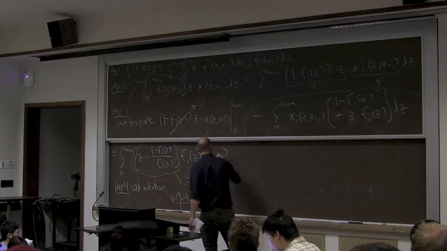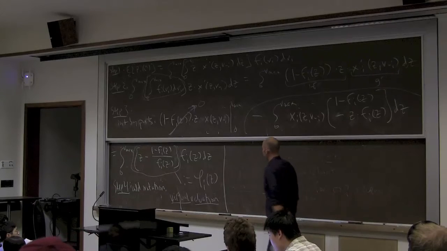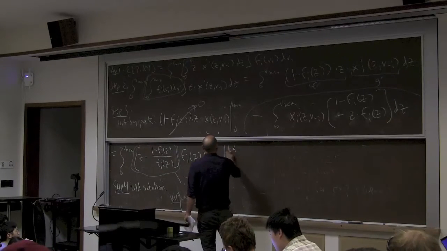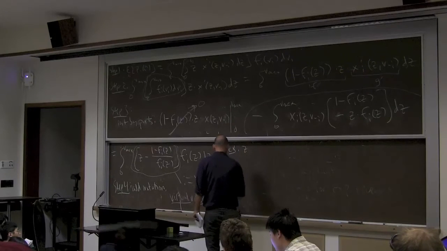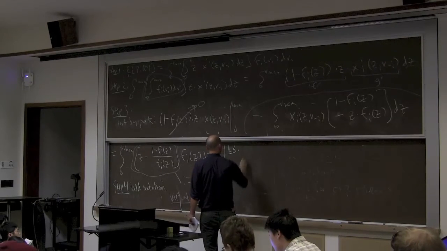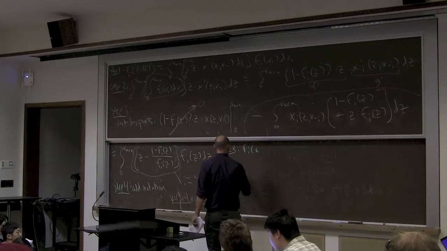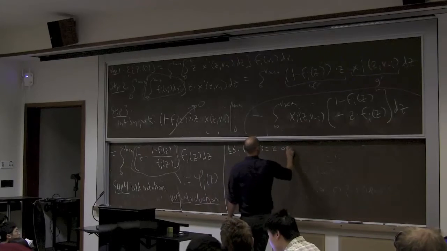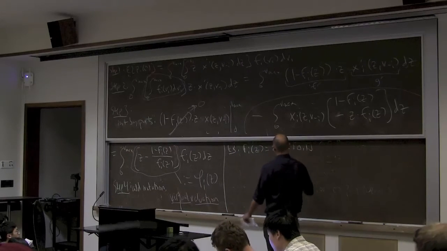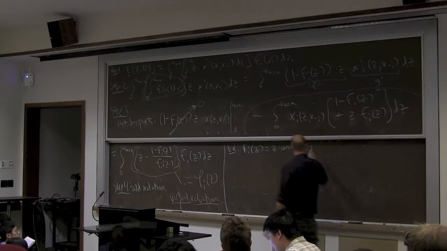Maybe an example would be helpful, just so you're not too scared of these virtual valuations. So suppose F sub i of z is z on [0,1], i.e. we're looking at a uniform [0,1] random variable.